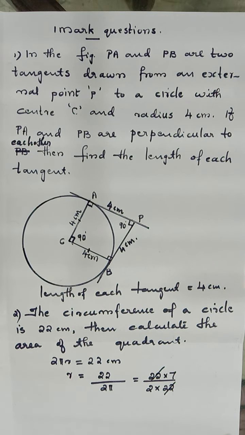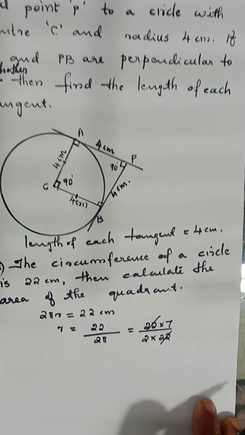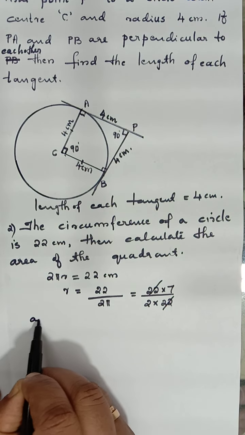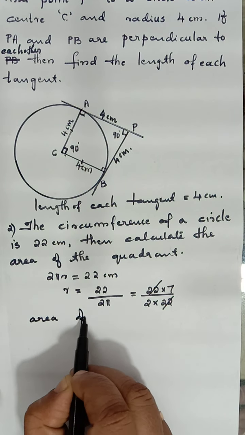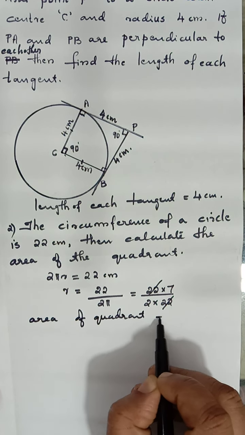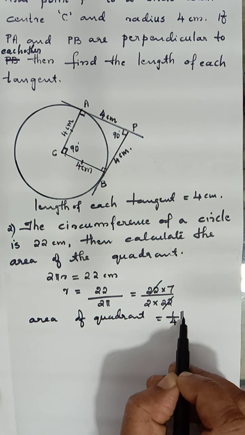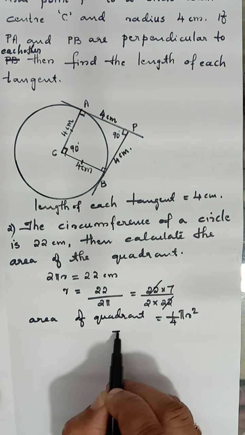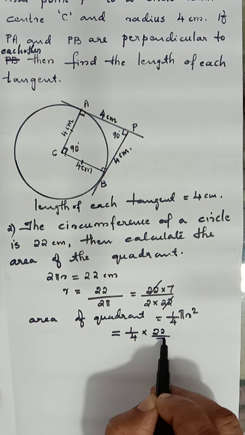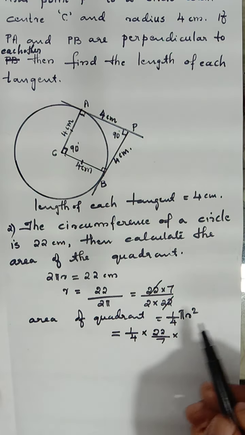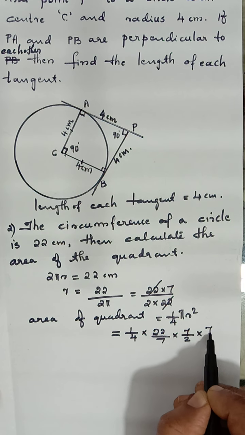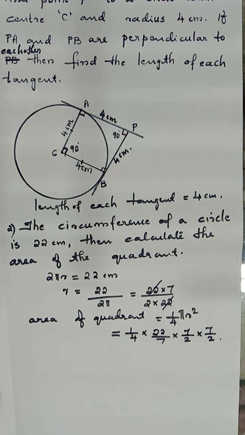Now in order to get the area of the quadrant, we will apply the formula. Area of the quadrant equals 1 by 4 pi r square. That's equal to 1 by 4 into pi value 22 by 7 into r square. Here r is equal to 7 by 2. r square is 7 by 2 into 7 by 2.